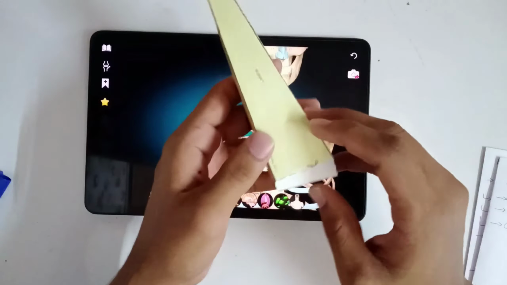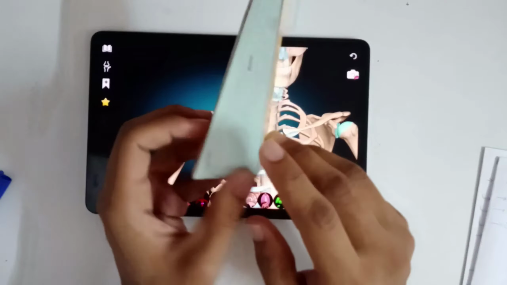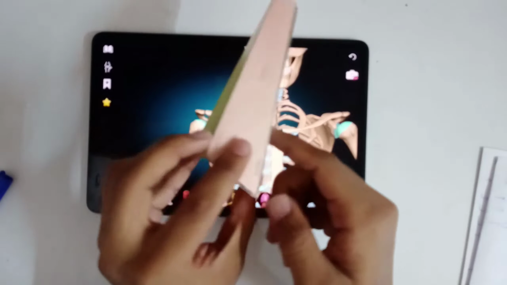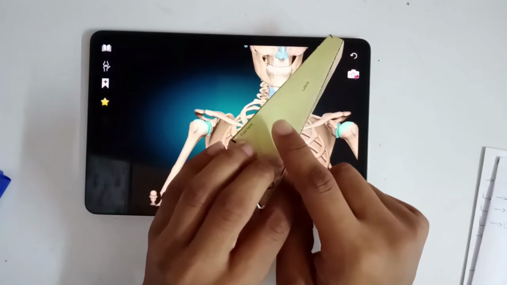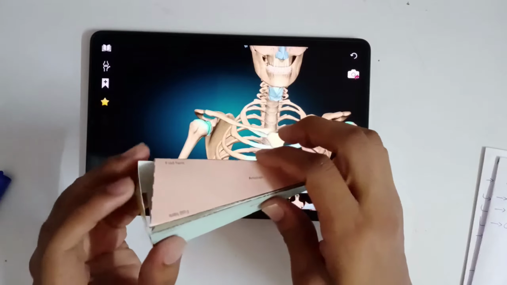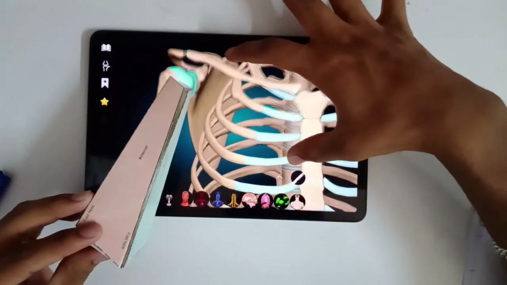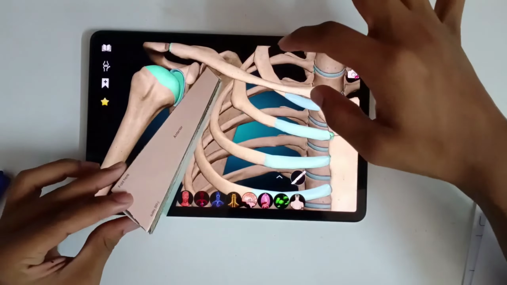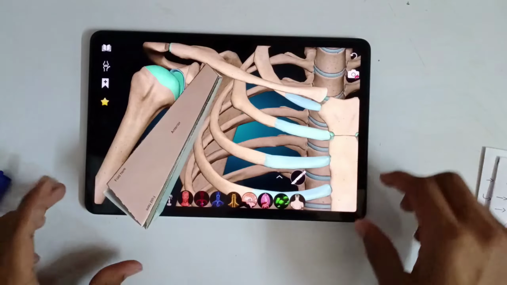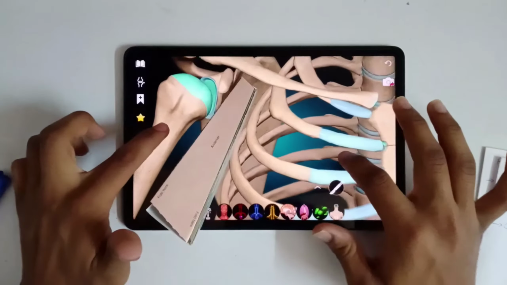Firstly, in this model we have the anterior side, posterior side, medial side and lateral side. This is the apex, this is the floor. So let me show you how the axilla is represented.